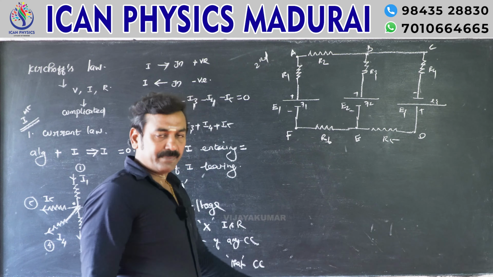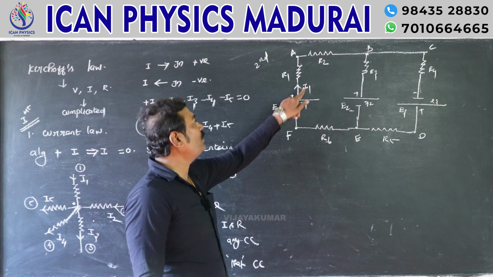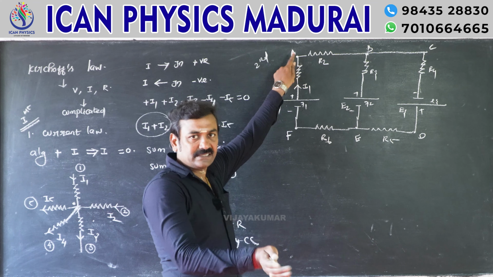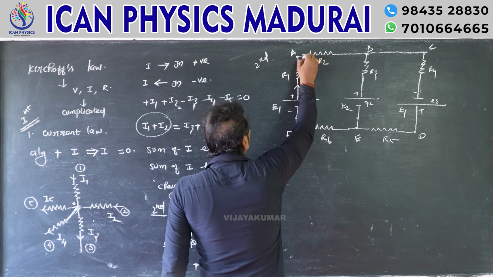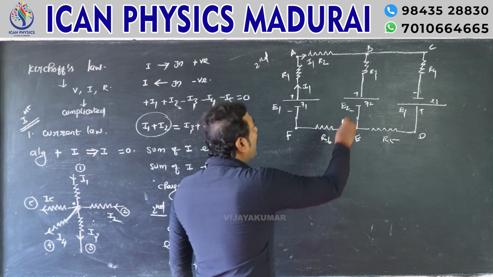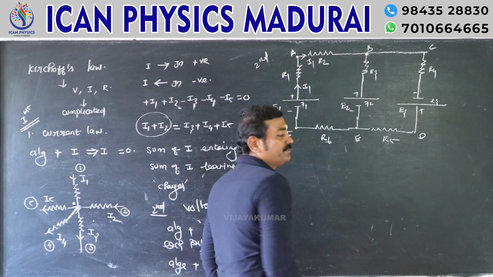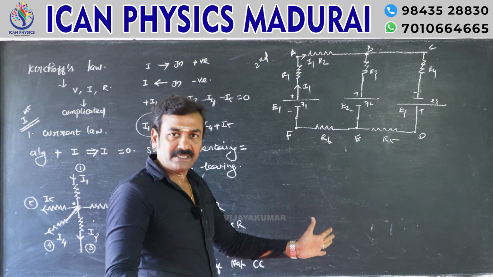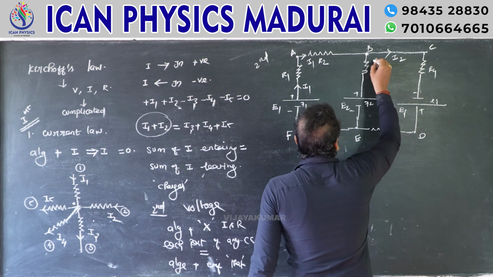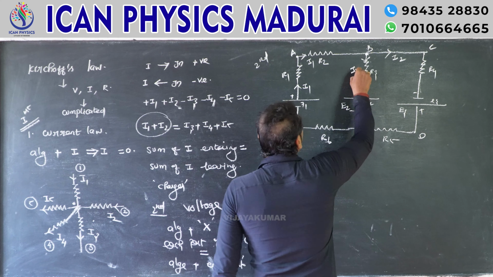Now, what I am going to say is very important, about the current. The current from the battery is I1. I1 flows through R1 and comes to A, where it just turns. The same current I1 flows through R2 and comes to the junction B. At the junction B, it splits into two: this branch may be I2 and this branch may be I3.